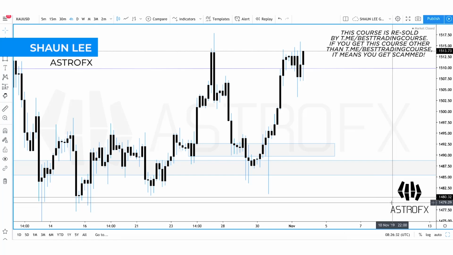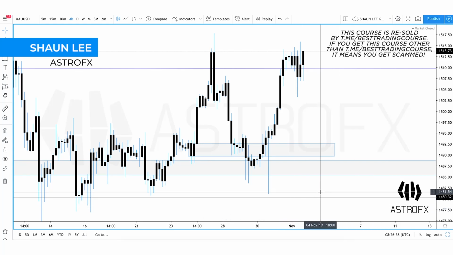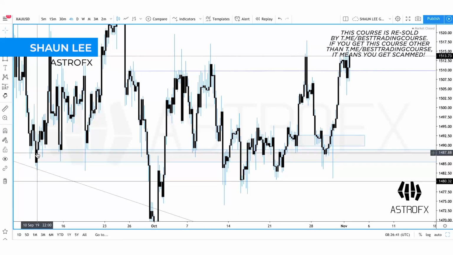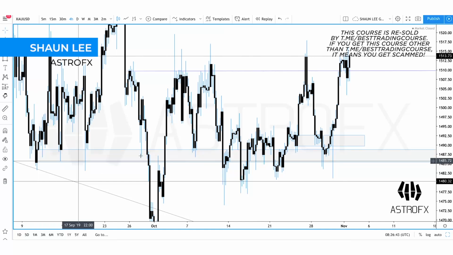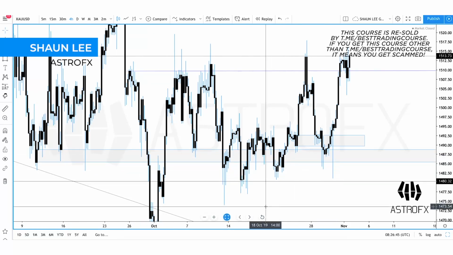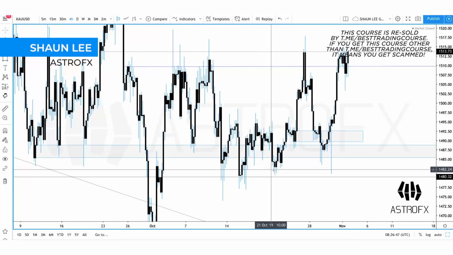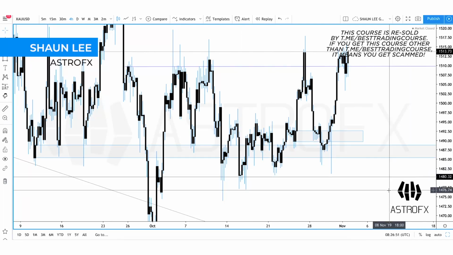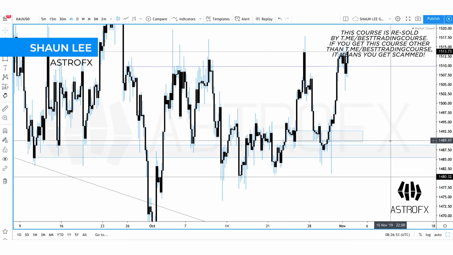Now, if you remember, 1480 serves as the weekly support, and we also have the 4 hour area of liquidity from way back, which the market has respected quite a few times over. But as you can see, all of these closures have happened above 1480, which is the weekly area of support.